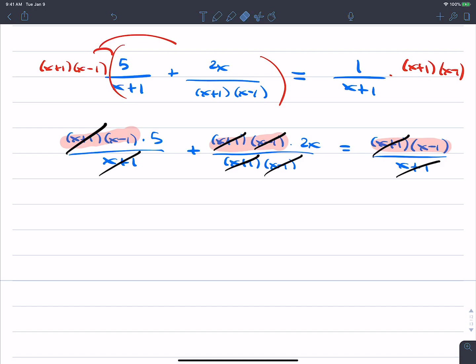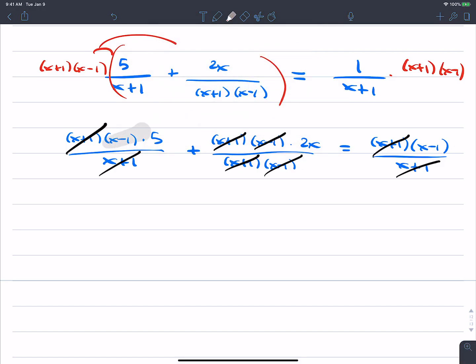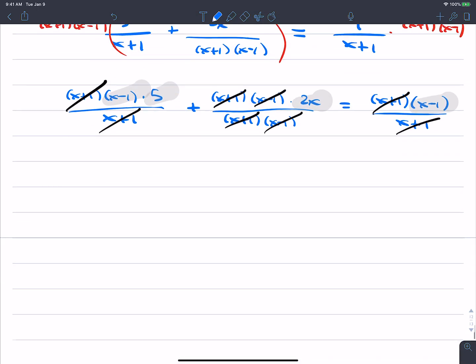So let me remind you guys here. What's left? Because we have to go back and be very careful to see after that cancellation what's left. And what do we see here? What do you have what's left?